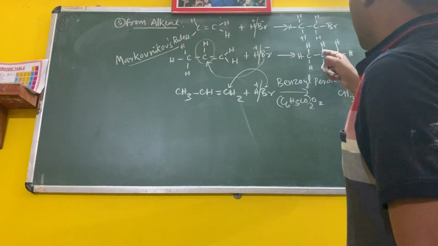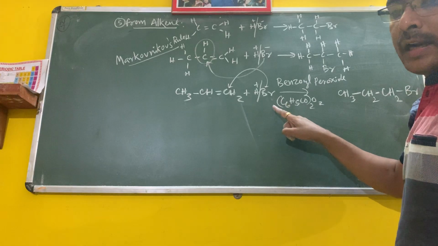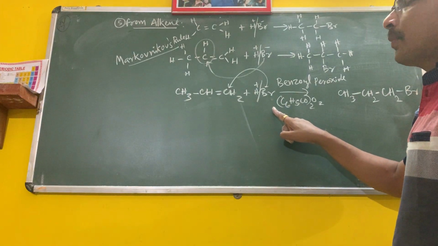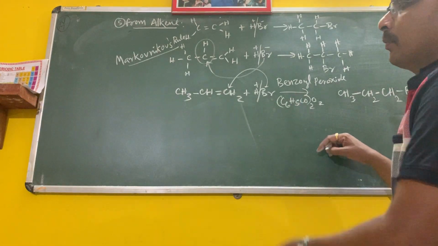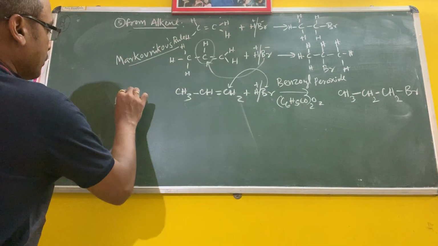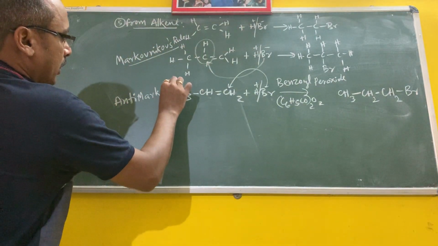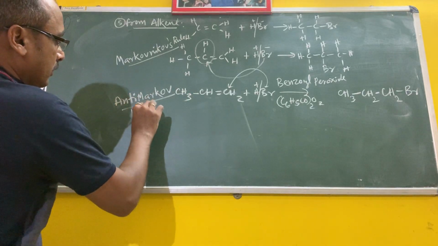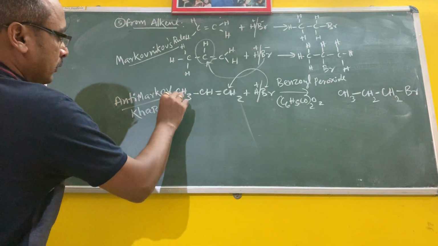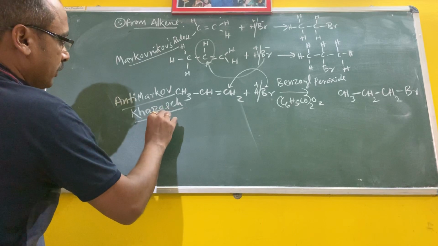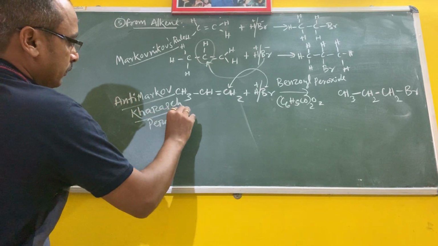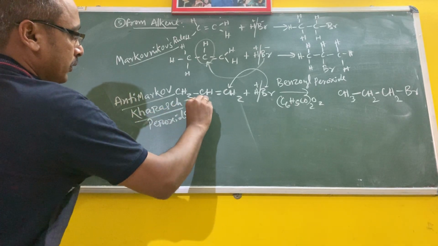Both are alkyl halides. That one is the Markovnikov rule; this one is the anti-Markovnikov rule. You can say the Kharasch effect or the peroxide effect.